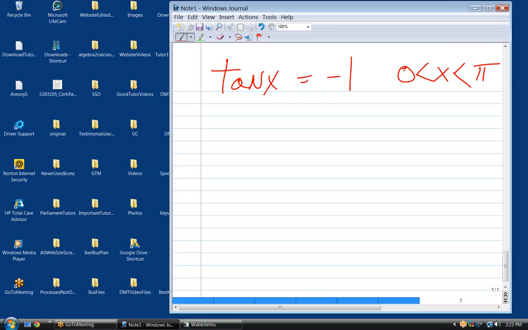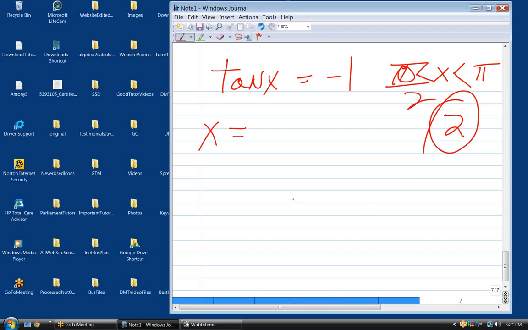So I can basically say this goes from pi over 2 to pi, which puts it in the second quadrant. So what is the first quadrant angle that we would be looking at if it was positive?